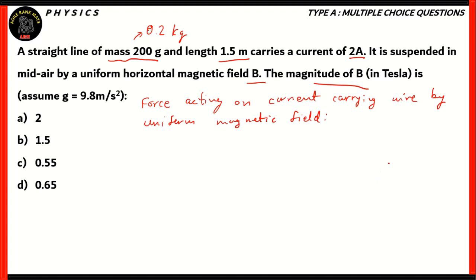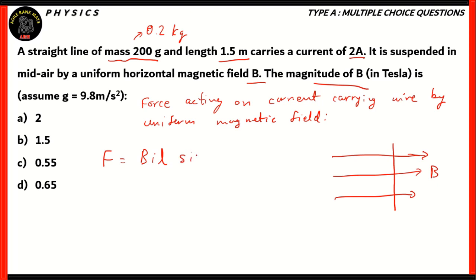And our particular scenario would look something like this. Straight line of 200 grams, 1.5 meters, 2 amperes current, and the magnetic field would be uniform and horizontal magnetic field, which is B. Now, the force acting on a current carrying wire in a uniform magnetic field, F, is equal to B times I times L times sine theta.